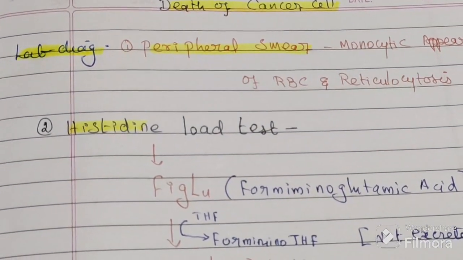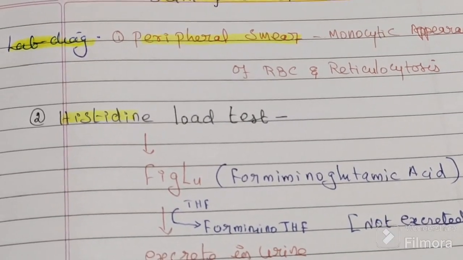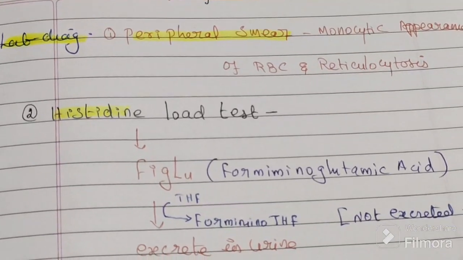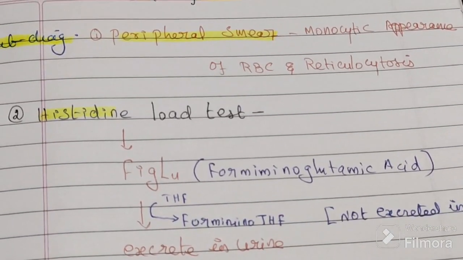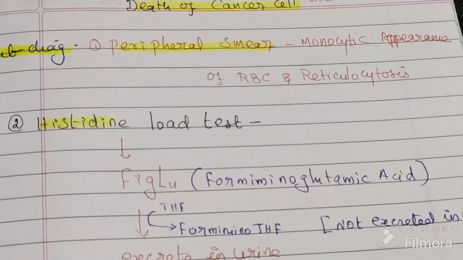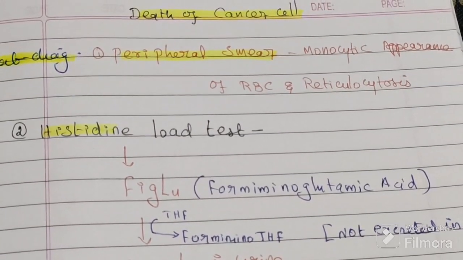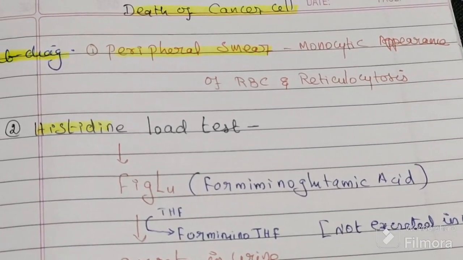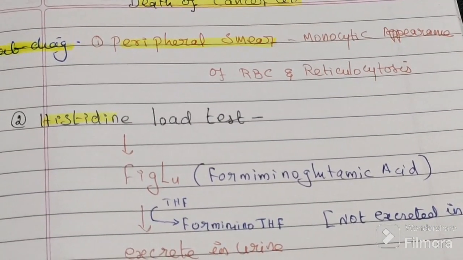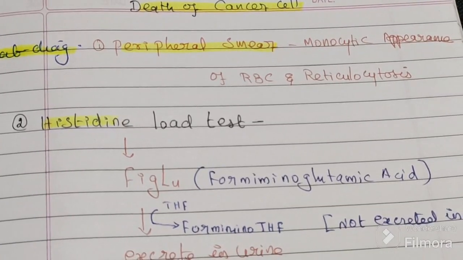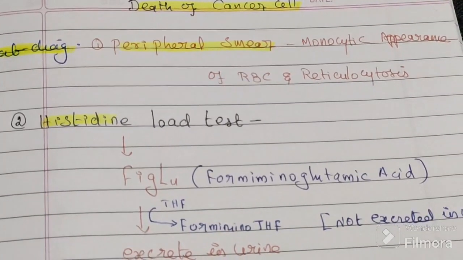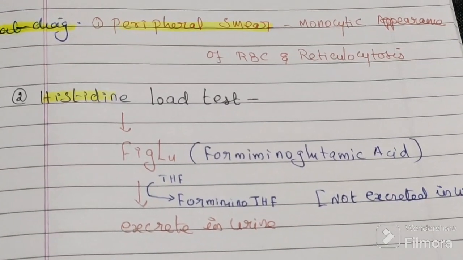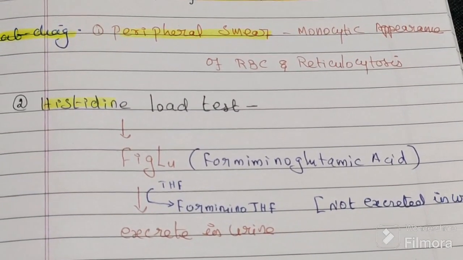Second one is the histidine load test. When we give histidine, it is converted into FIGLU, and this FIGLU is excreted in urine. But whenever tetrahydrofolate is available, the formimino group is transferred to tetrahydrofolate, forming formimino tetrahydrofolate, so FIGLU is removed and not excreted in urine.